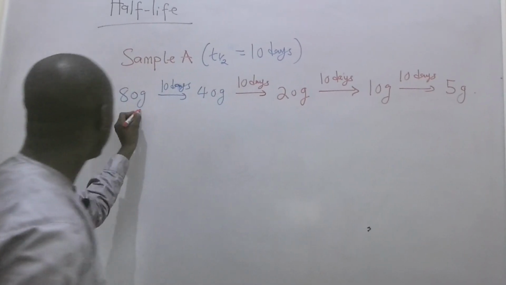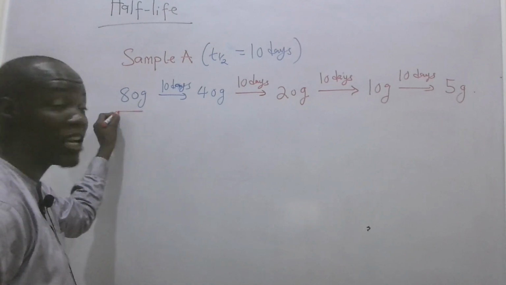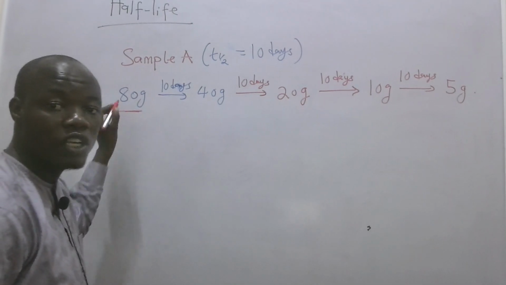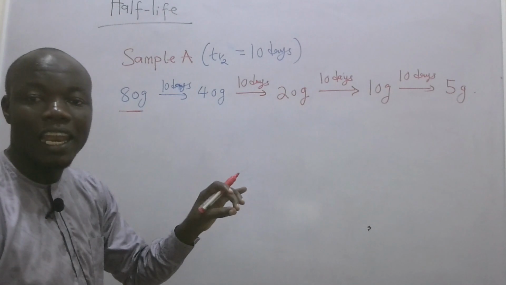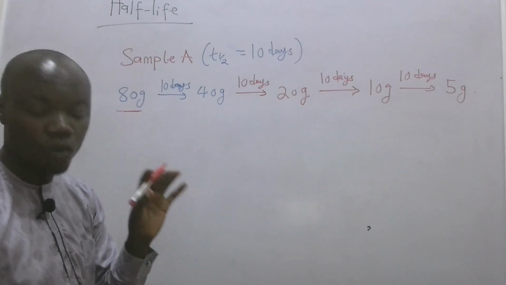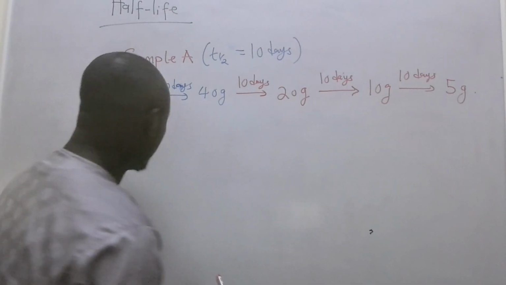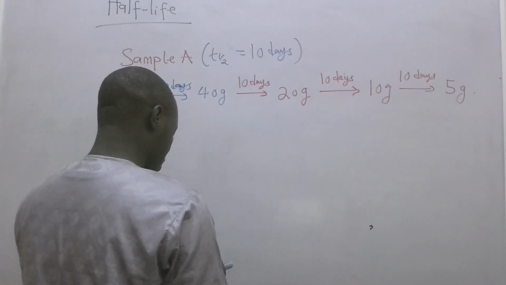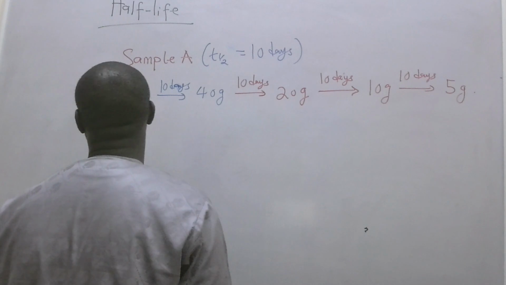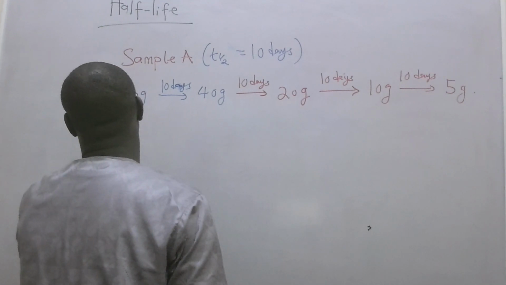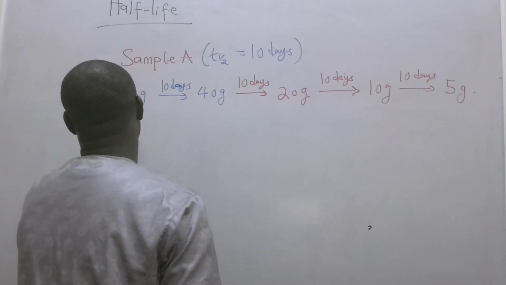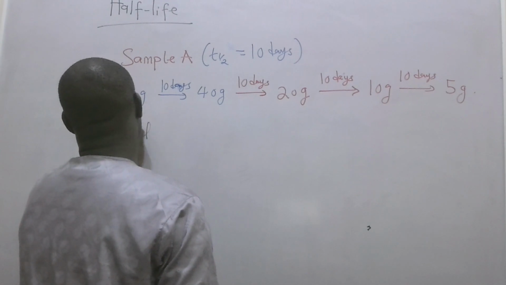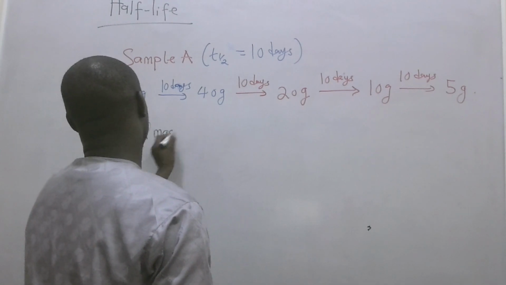So the starting mass here is called the initial mass, or you can call it the original mass.